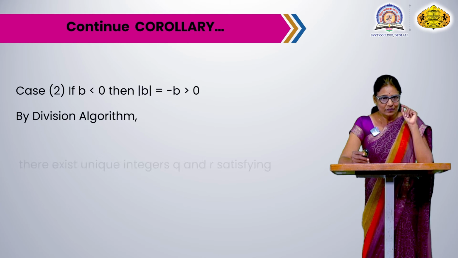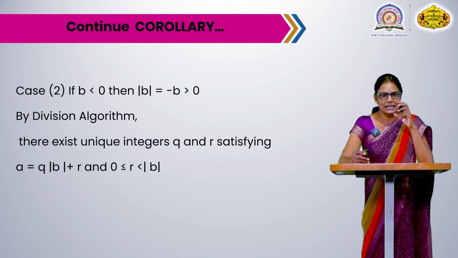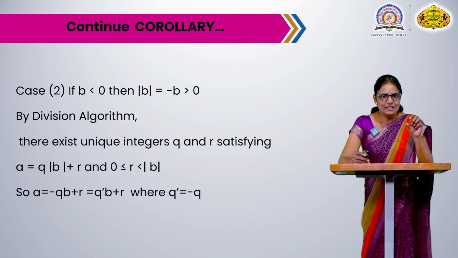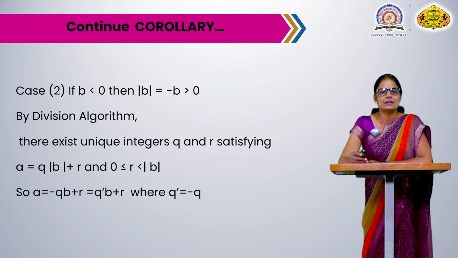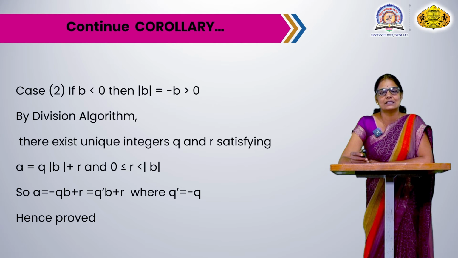By the division algorithm there exist unique integers q and r satisfying a equals q mod b plus r with 0 less than or equal to r less than mod b. Now replace mod b by minus b. The statement becomes a equals minus qb plus r. We denote minus q as q dash, so a equals q dash into b plus r, with q dash the same as minus q, which is an integer. Hence the statement of the corollary is also true in the case b less than 0.